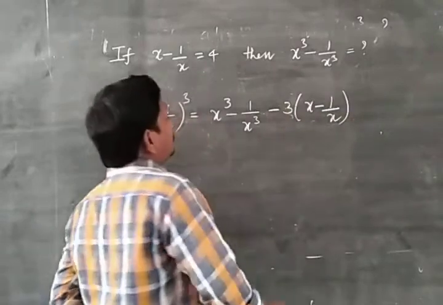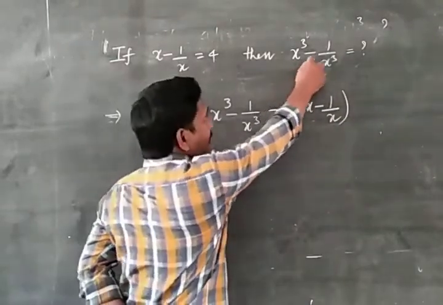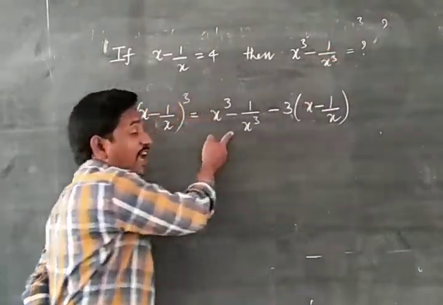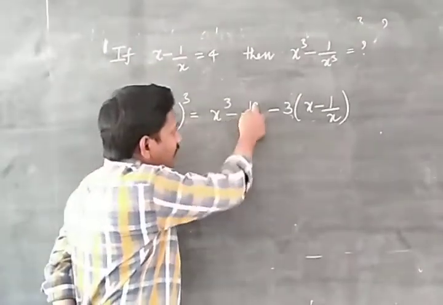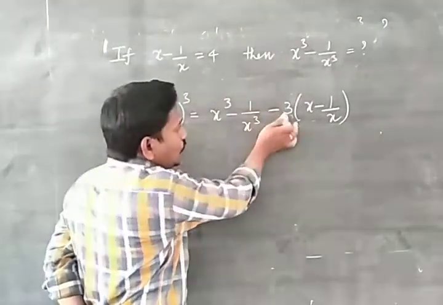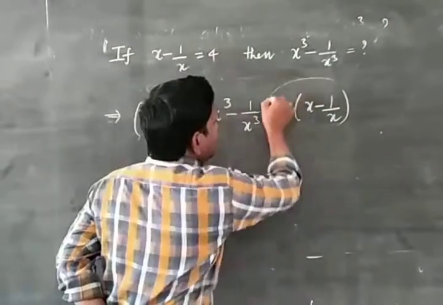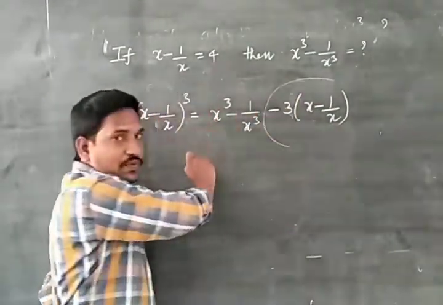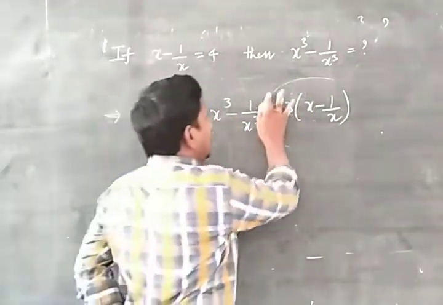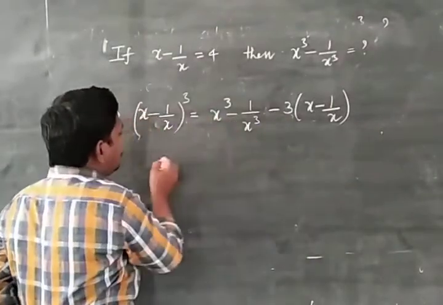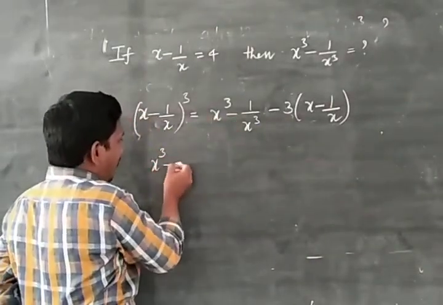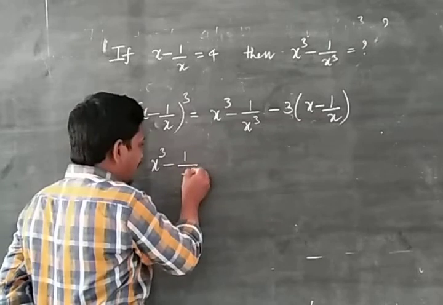So what do we need here? x cube minus 1 by x cube. In the formula we have x cube minus 1 by x cube here, so we don't need this term. It is transposed. So what do we need? x cube minus 1 by x cube we need.